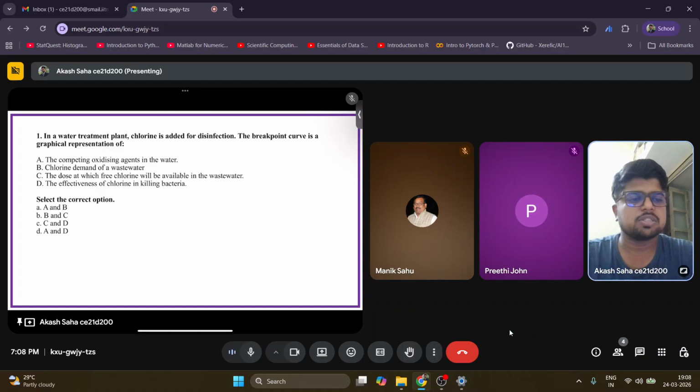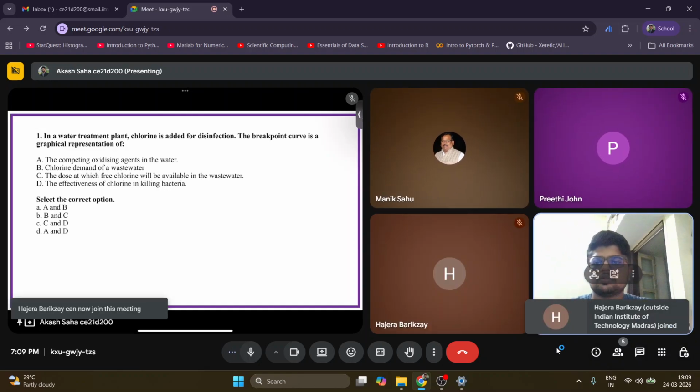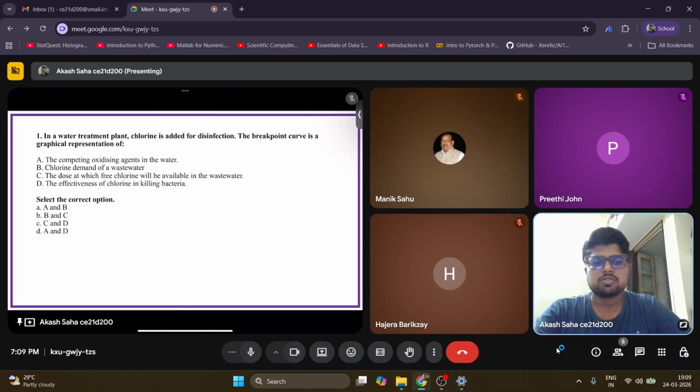Which of the options do you think are correct? This is about the breakpoint chlorination curve. Which two of these statements do you think are correct?